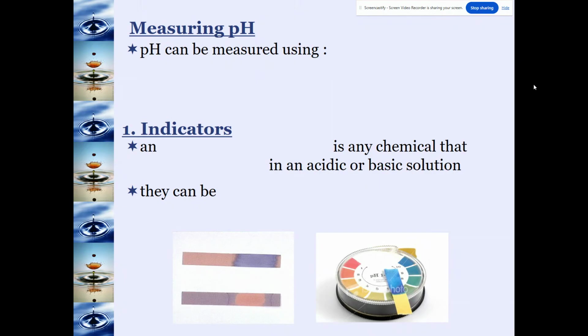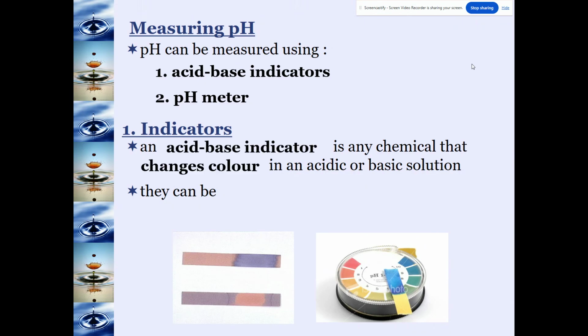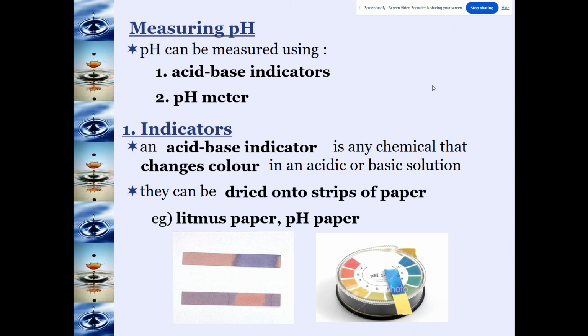So first of all, we can measure the pH using either an acid-base indicator or a pH meter. Indicators are usually a solution or a compound that changes color depending on the pH that it's in. It could also be dried onto a strip of paper, which is how you find litmus paper and pH paper.